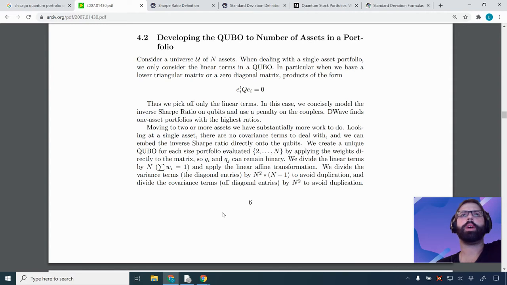Moving to two or more assets, we have substantially more work to do. Looking at a single asset, there are two covariance terms to deal with, and we can embed the inverse Sharpe ratio directly onto the qubits.